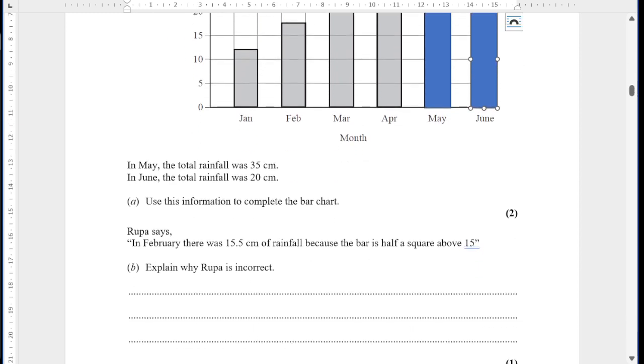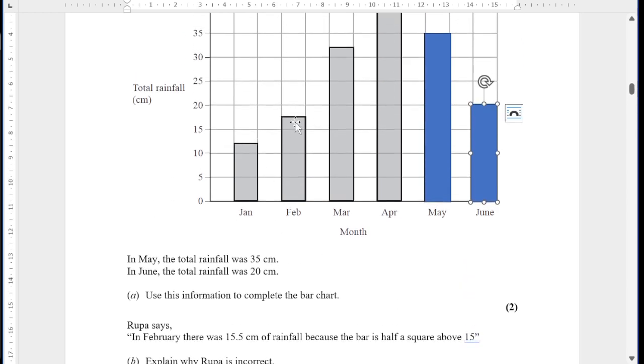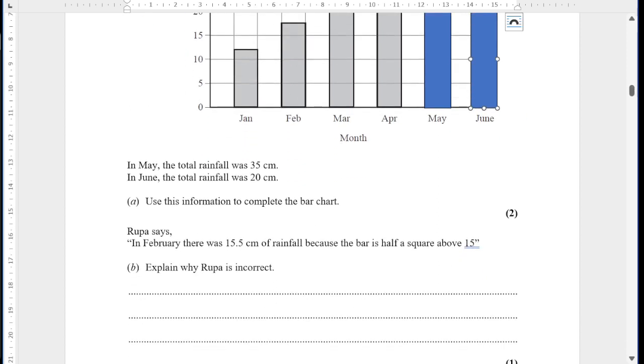Rupert says in February there was 15.5 centimetres of rainfall because the bar is halfway above 15. Explain why Rupert is incorrect. So Rupert is incorrect because each square represents 5, not 1. So each square represents an increase in 5.